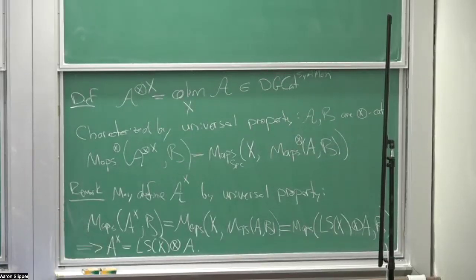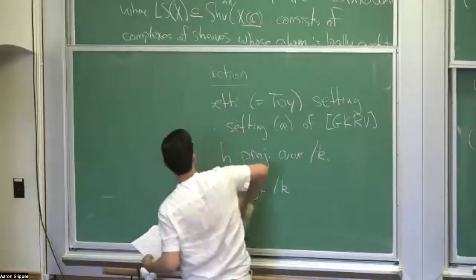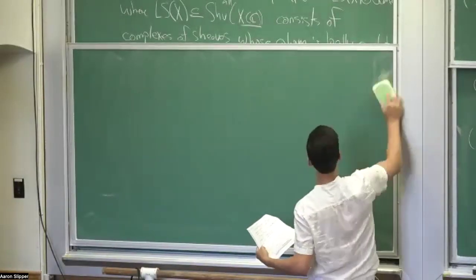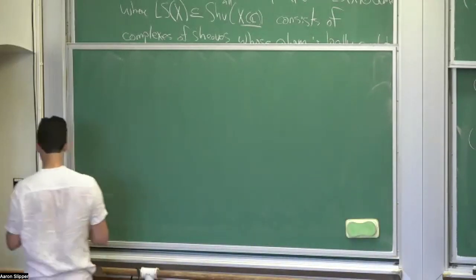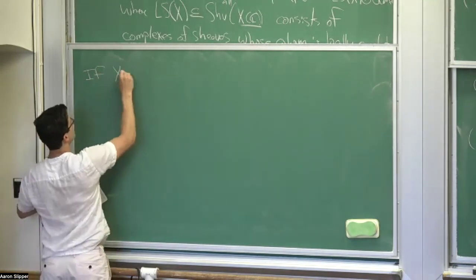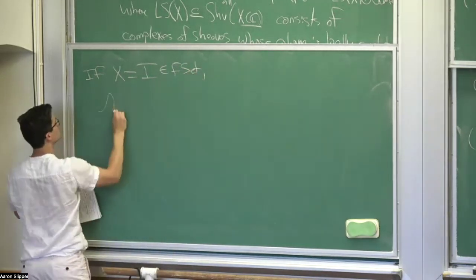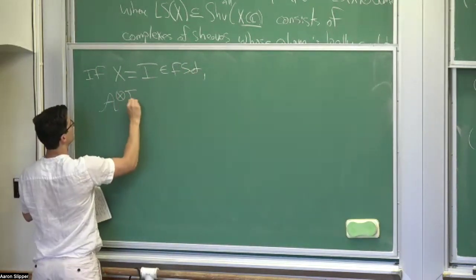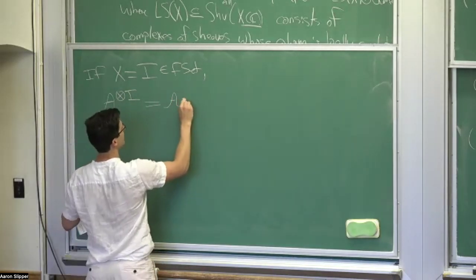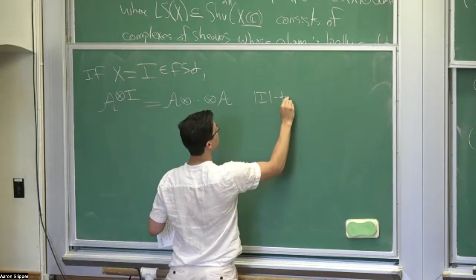Now, when X is a finite set, both of these have very simple descriptions. If X equals I, a finite set, then it's immediate that A ⊗ I is just A tensor A, I times.